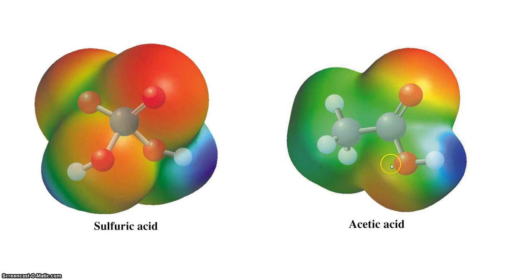So you don't see as much red over the oxygen that the leaving hydrogen is bonded to in the acetic acid. There's less of a difference in the electron density, which means this hydrogen is less likely to leave. This is a proton that's less likely to leave than is this proton.